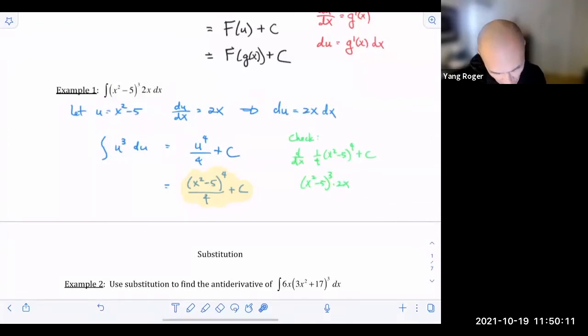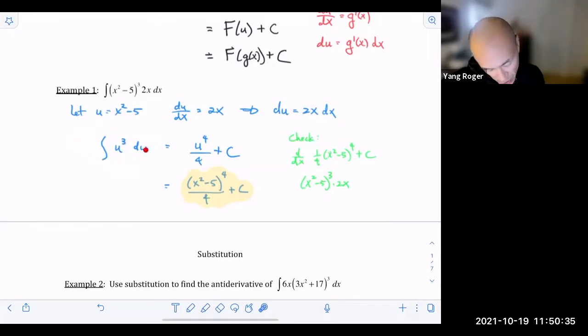When I solve for du by moving the dx up here, I'm treating these as differentials. Then you'll see that I have this 2x dx, and that's exactly sitting right here. So this complicated expression gets replaced with u cubed, the 2x dx gets replaced with du, and now I'm left with a very simple looking integral.